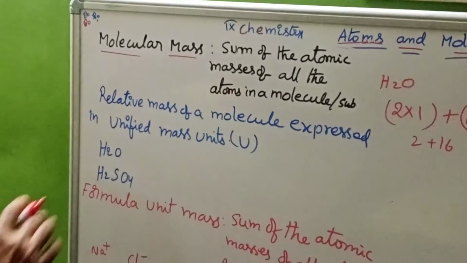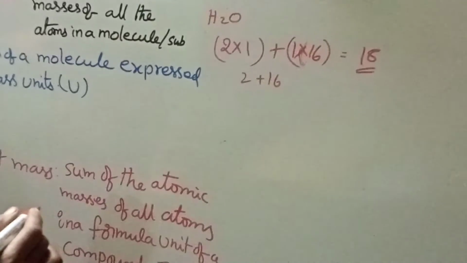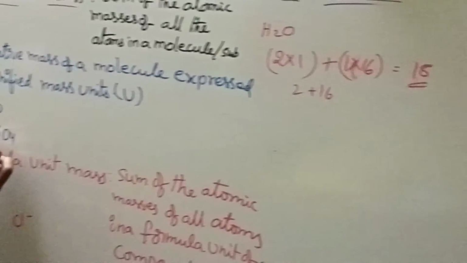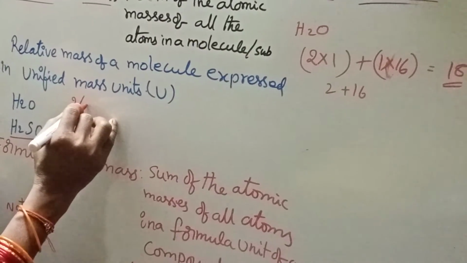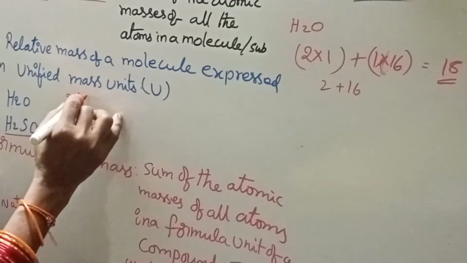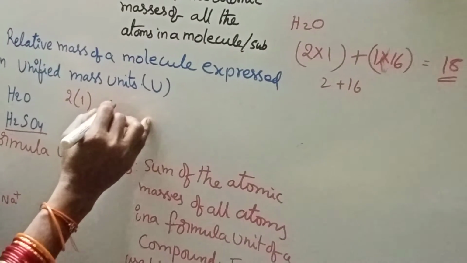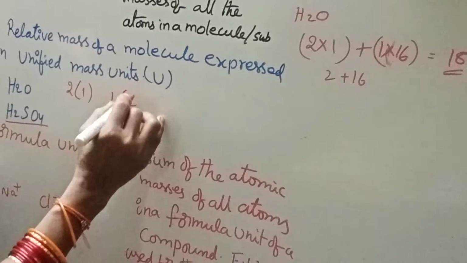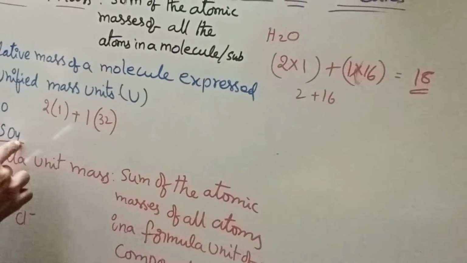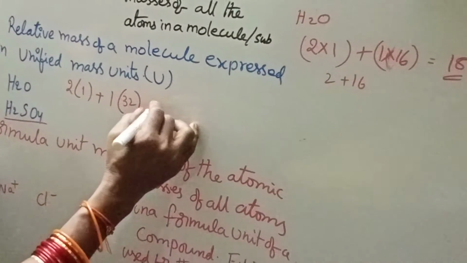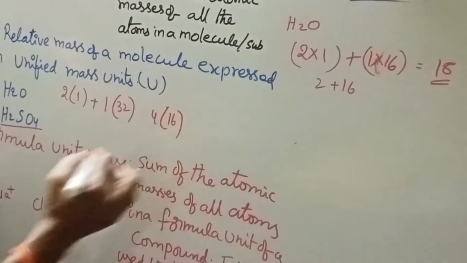Now let us take in the same manner H2SO4, sulfuric acid. How many hydrogen atoms are there in sulfuric acid? 2 hydrogen atoms, so 2 into 1. Next, sulfur atom, it has 1 atom and its mass is 32. Next, 4 oxygen atoms are there in sulfuric acid, 4 into each oxygen, which has mass of 16.